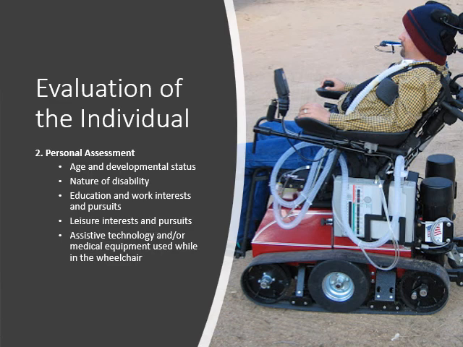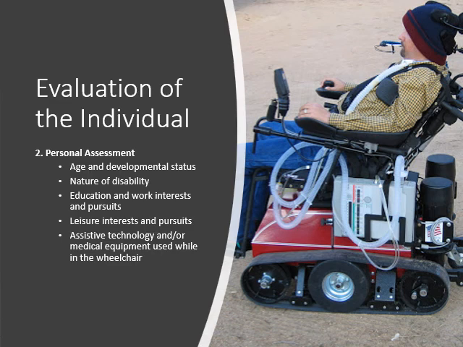What about adaptive equipment that they may need? For example, a computer or an augmented communication system. Does the wheelchair allow for other technologies to be fitted onto it? And is it socially acceptable to the client?